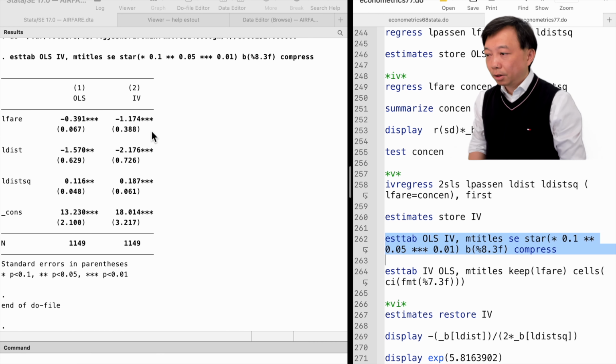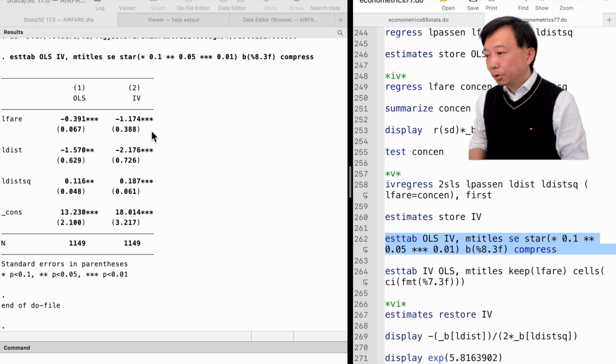We find that the 2-stage least squares price elasticity of demand is much higher than the OLS elasticity of demand in size. The demand for airline seats is price elastic from the two-stage least squares point estimate, but unelastic from the OLS point estimate.